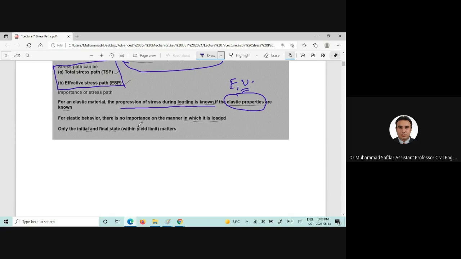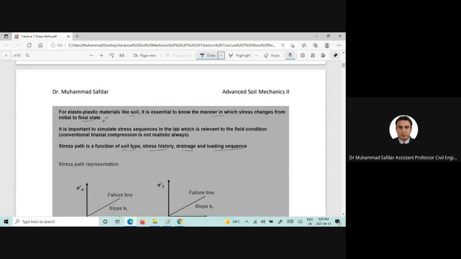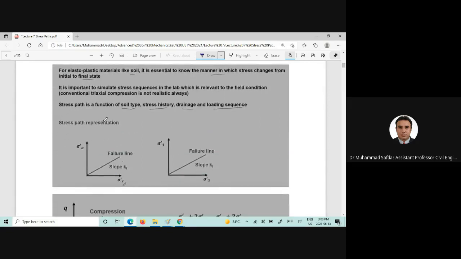But if we want to find out the elastoplastic behavior, which is the case for soils, now we need to know the stress path, and the dependency of the stress path is on the soil type, stress history, drainage condition, and the loading sequence.